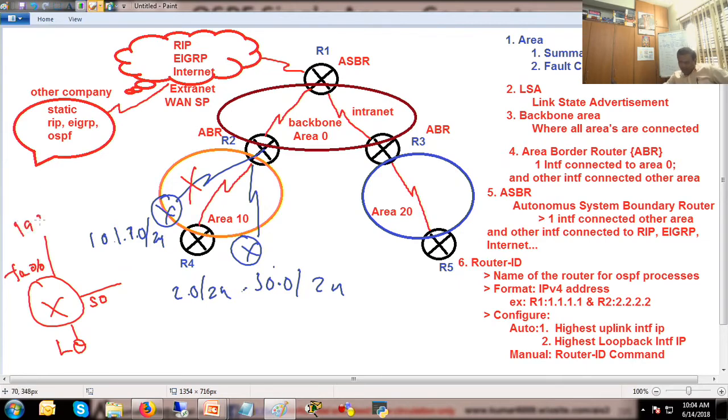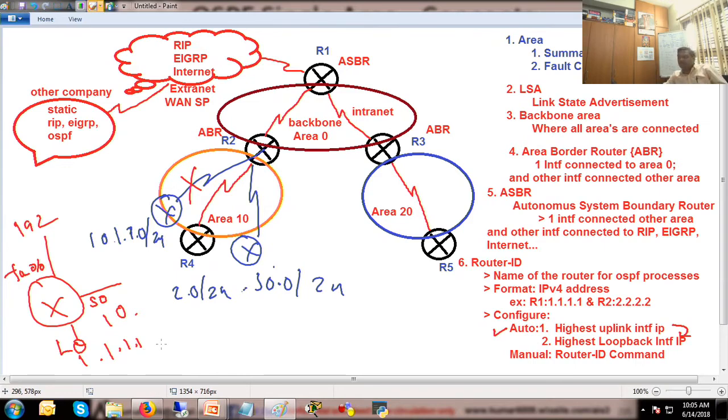Here I give 192, here 10, and on loopback 1.1.1.1. So which one will become the router ID? Automatically, 192 is the highest IP address, but it will be overridden by the loopback IP address, 1.1.1.1. So that will become your router ID.